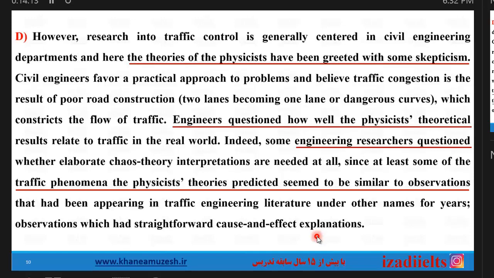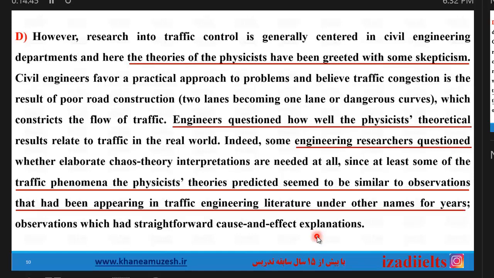So if you look at a paragraph in this way, you can easily find the headings. And the last one would be that had been appearing in traffic engineering literature under other names for years. It means that they are arguing, we know what we are doing, we are the experts, and please do not interfere. Physicists, do not interfere. We know how to do our job.